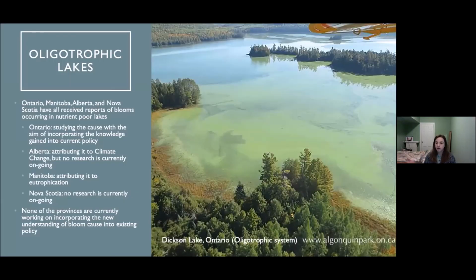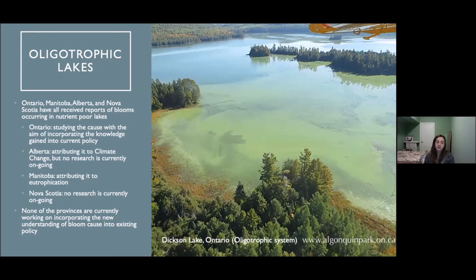So my research on oligotrophic lakes. Ontario, Manitoba, Alberta, and Nova Scotia have all confirmed that they've received reports of blooms occurring in nutrient-poor lakes within their provinces. Ontario is currently studying the cause with the aim of incorporating that knowledge into current policy. Alberta is attributing it to climate change, but there's no research currently ongoing.